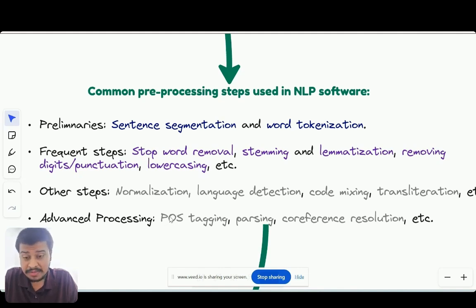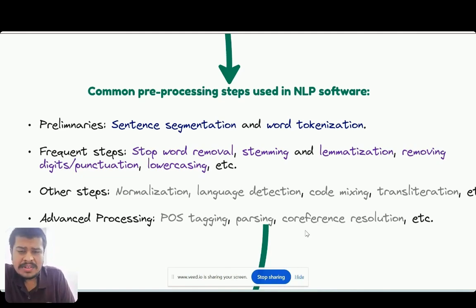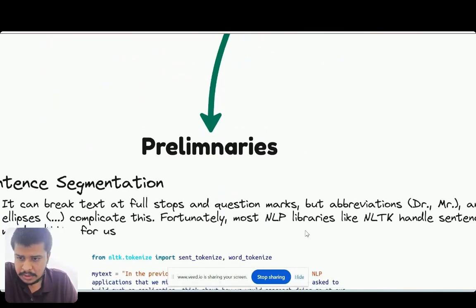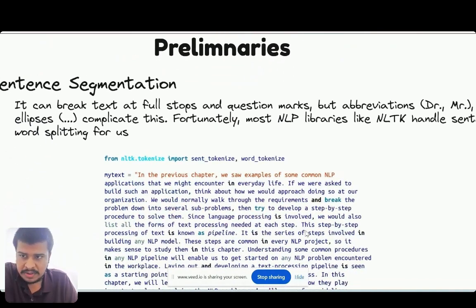POS means part of speech, like noun, adjective. All of these are parts of a sentence, right? So POS tagging, and then parsing, and then coreference resolution, etc. All of these techniques come under different groups of steps, and we'll look into each step in detail. Fine. Okay. So first we have the preliminaries.